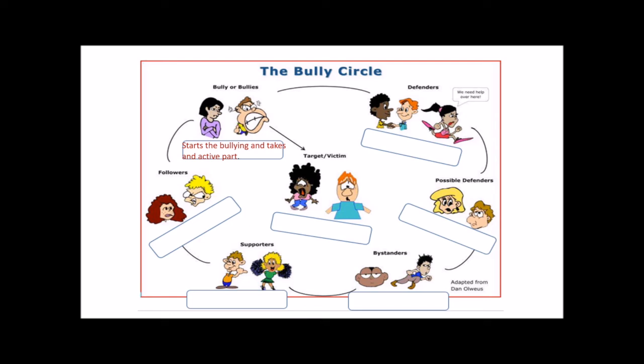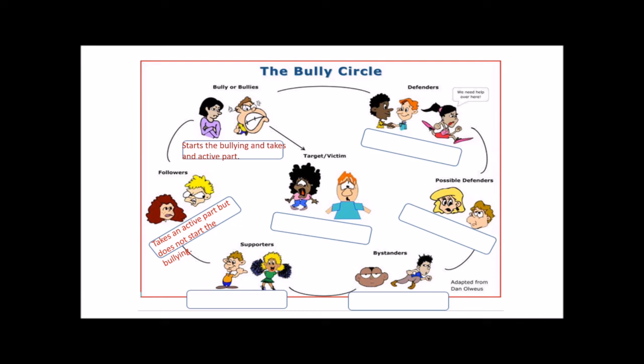He or they start the bullying and they take an active role. So the bully is the person who starts it. The bully has followers. The followers take an active part, but they don't start the bullying. They follow the leader, but they are not the leader.